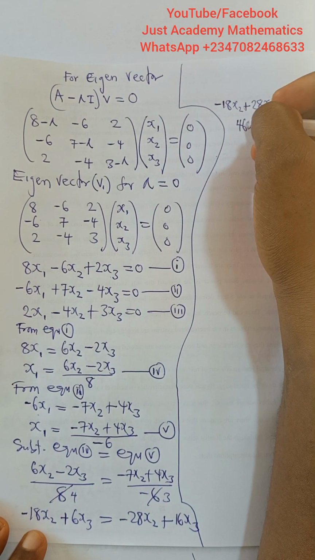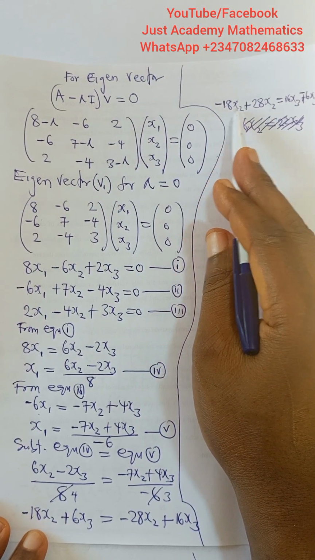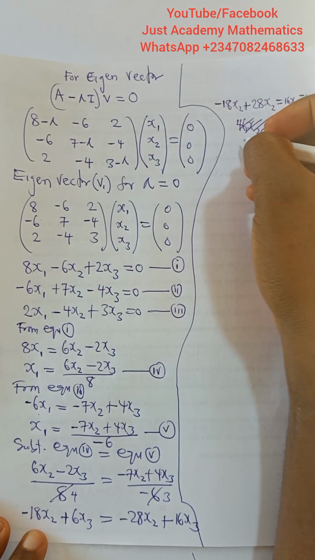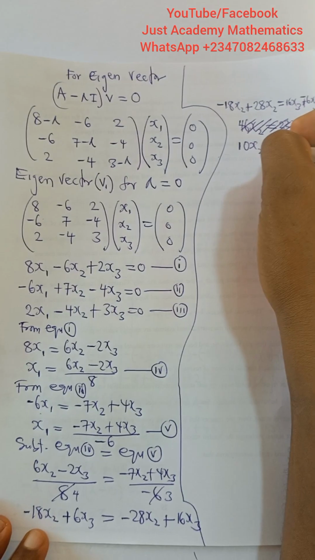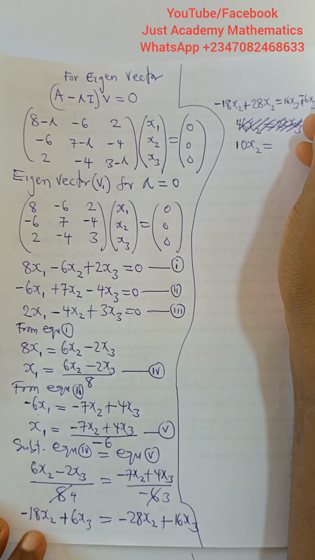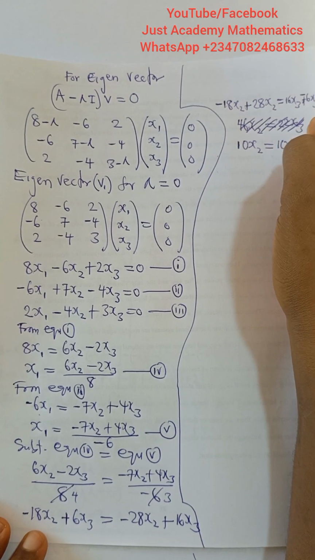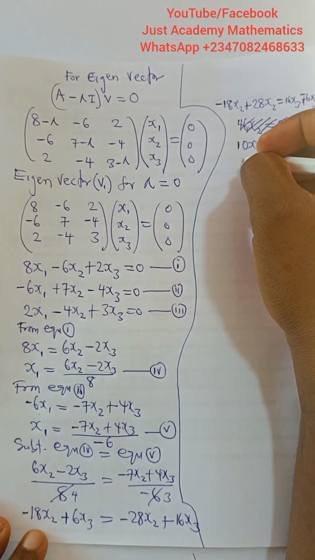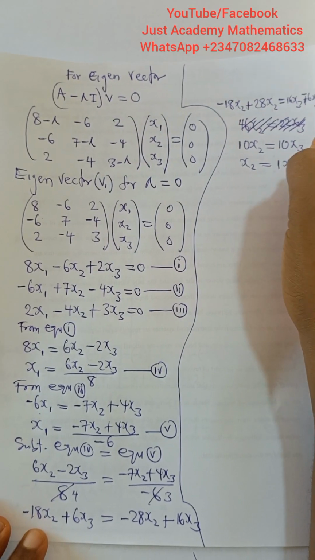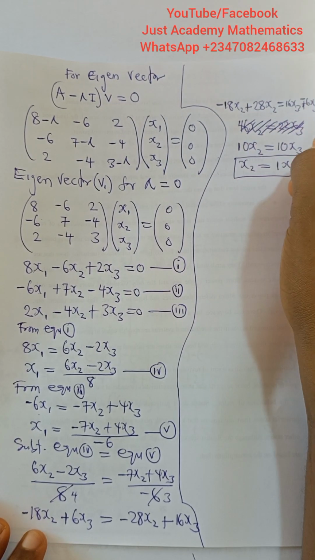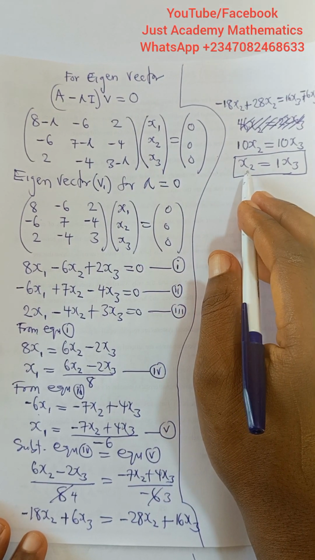So what we have now is minus 18x2 plus 28x2, which will give us 10x2 is equal to 16x3 minus 6x3, that will give us 10x3. In other words, x2 is equal to 10 divided by 10, which gives 1x3. This is x2 in terms of x3.